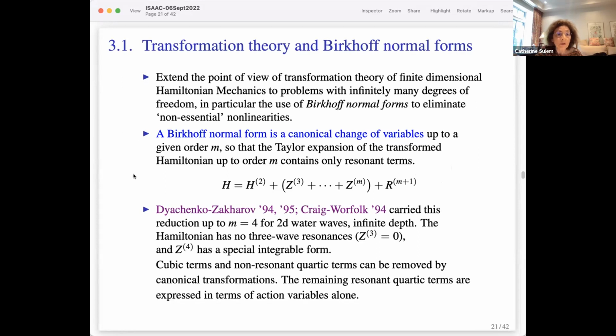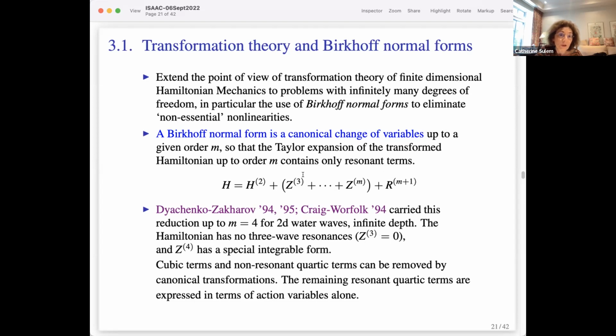Now, this has been done in the context of the water wave problem with zero vorticity, the classical irrotational flows, going back to Dyachenko and Zakharov and Craig and Wayne at the same time, where they carried this reduction up to order m equals 4.